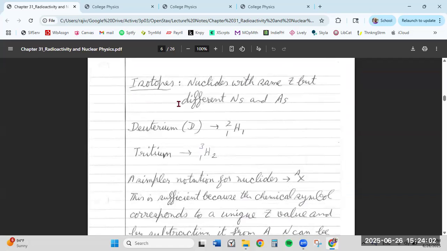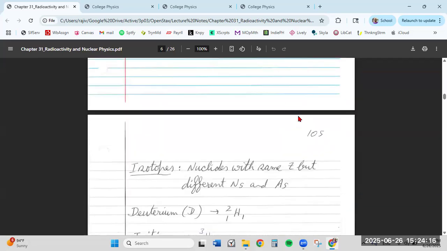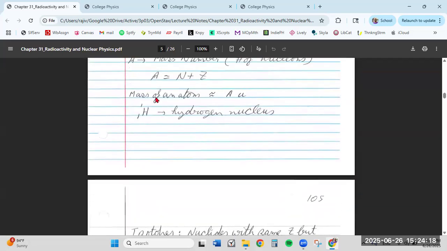The term isotopes refers to nuclides which have the same Z value but different N's and A's. For example, hydrogen has 3 isotopes, one of which we saw here, which has 1 proton and 0 neutrons.